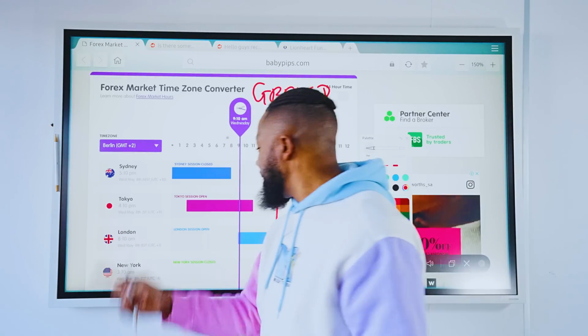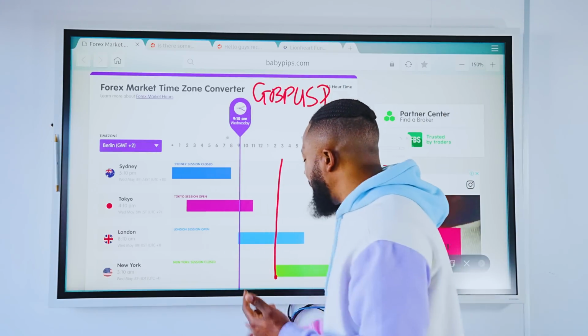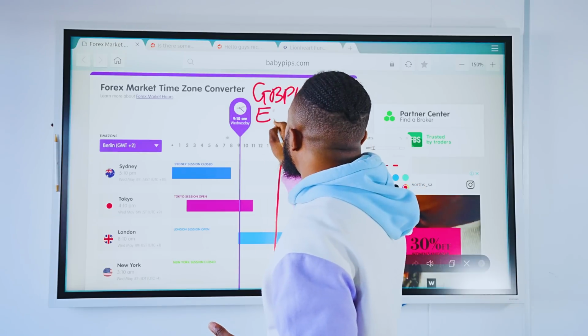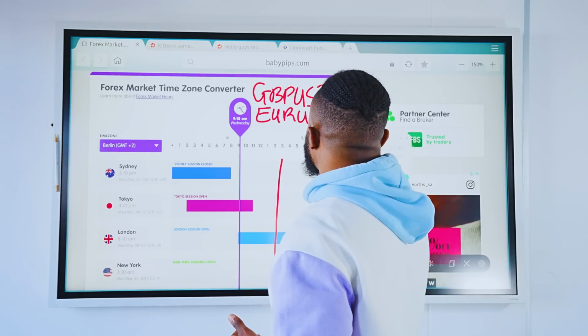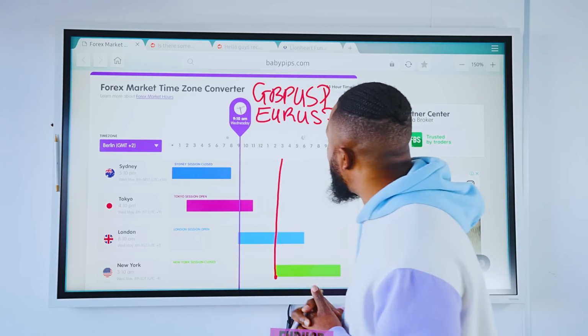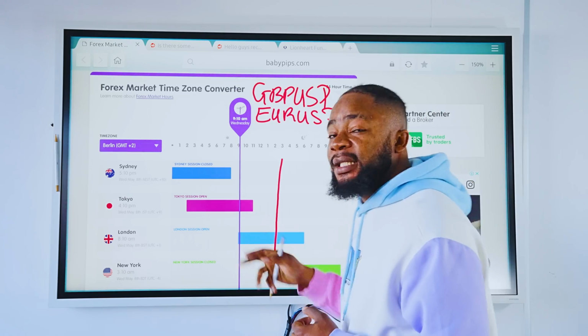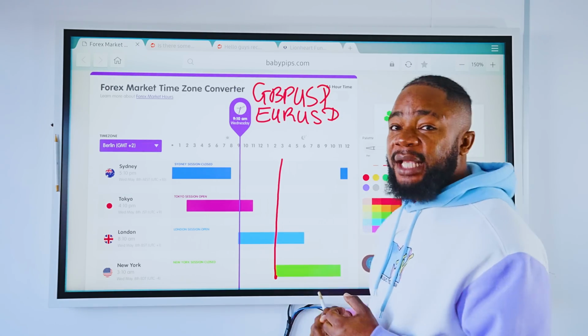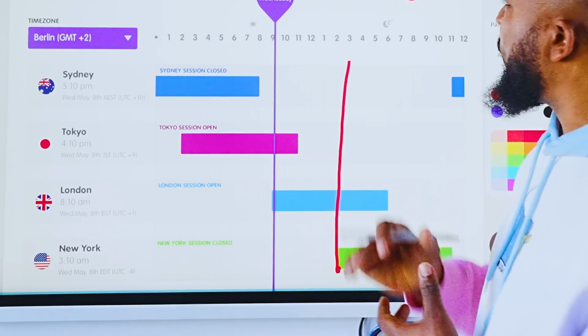Great Britain Pound USD. And remember, even here, you would have still traded EUR USD. EUR USD is still a currency pair you would have traded there, because remember, the Euro is still under the London session and USD is still another currency pair you would have combined.